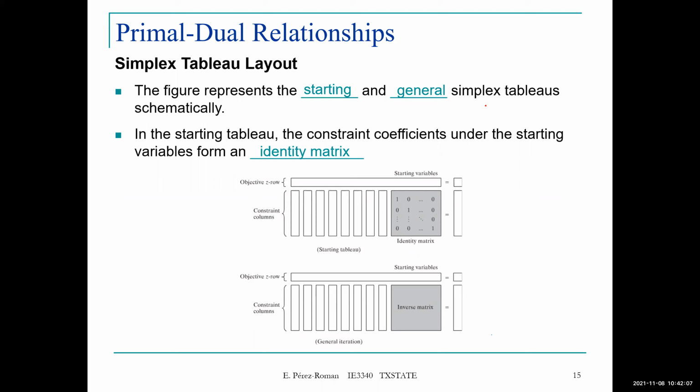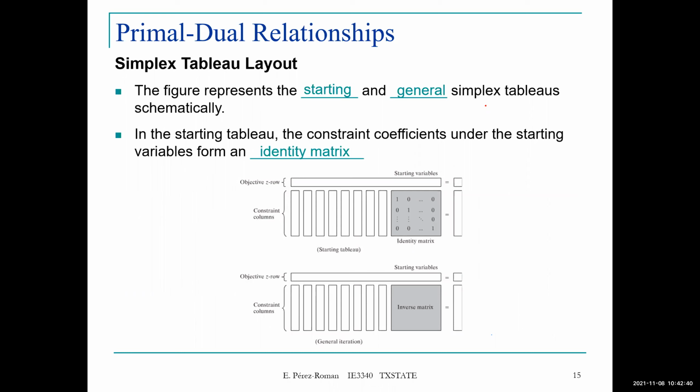So if you understand that you were getting the initial solution using these starting variables, now where that identity matrix was located, you can use that information to do other things. We are using those variables because the matrix that is generated where the identity matrix was is called the inverse, and it contains the information that you will need for this post-optimality analysis.